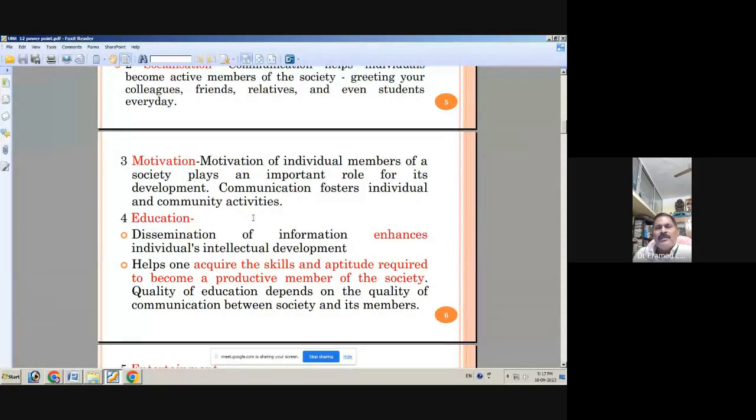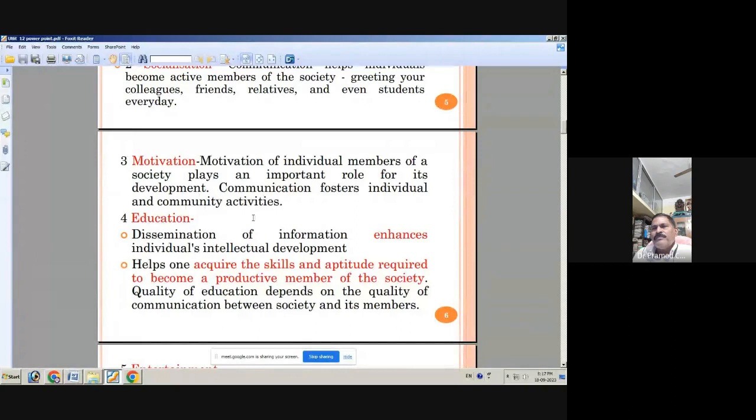Then automatically, in the community, in the society, we are going to perform different tasks. All tasks are just like the different types of plays we have to perform. Then automatically the communication makes us efficient to perform the task which the society assigned to us.